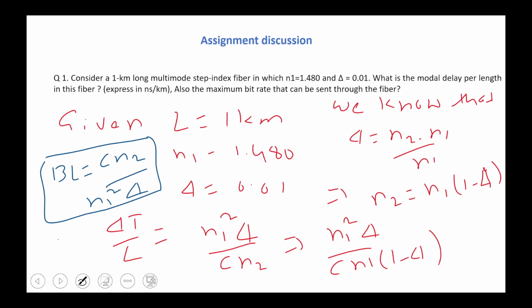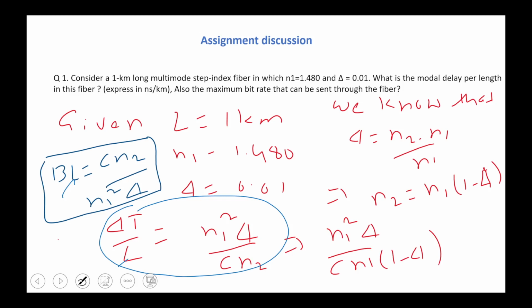Consider the beta length product, Manish, delta T by lambda, I have given that value in this formula. Okay, thank you. You can take help from that also. If you have any doubt, you can post it, I will help you. Sure. I will check the classroom and discussion forum every day, so you can post anytime.